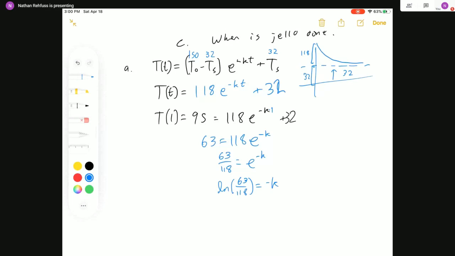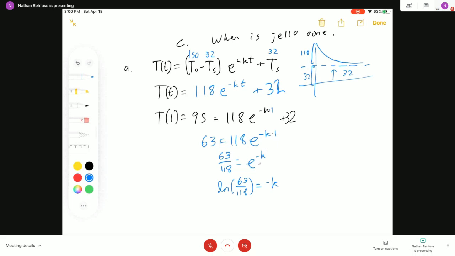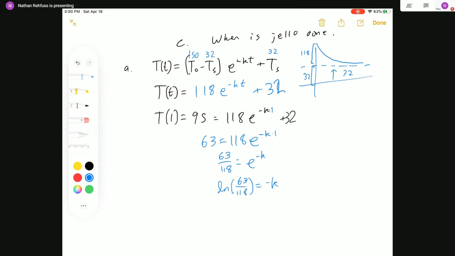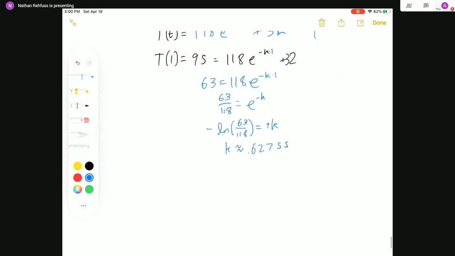Well, k times 1 is really just k, so I'm going to stop copying the 1. k is the negative of the natural log of 63 over 118. So I crossed out my minus sign, moved it to the other side. So I plug that into my calculator. k is approximately 0.62755. For party math, 5 digits is probably going to be appropriate.